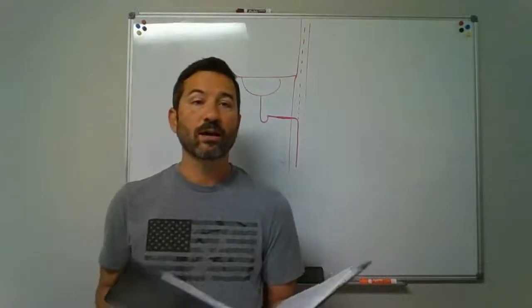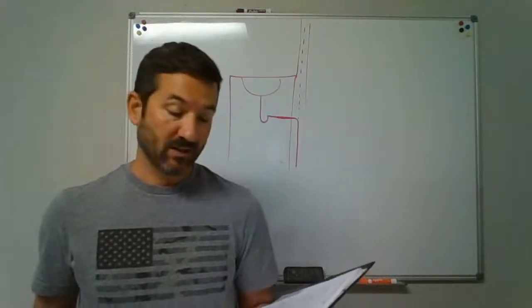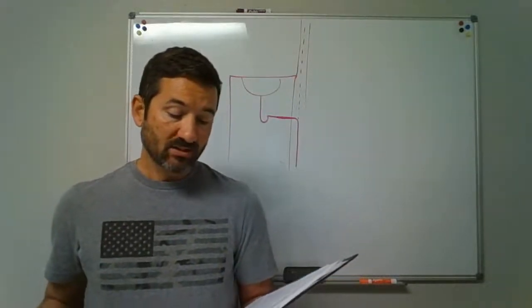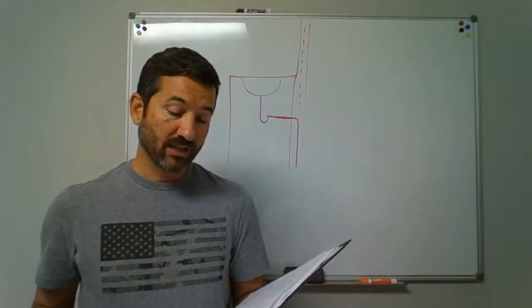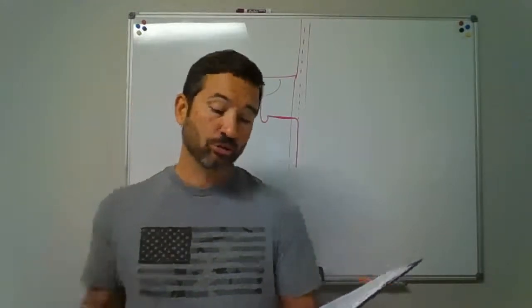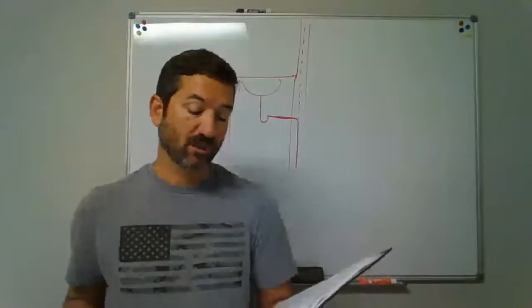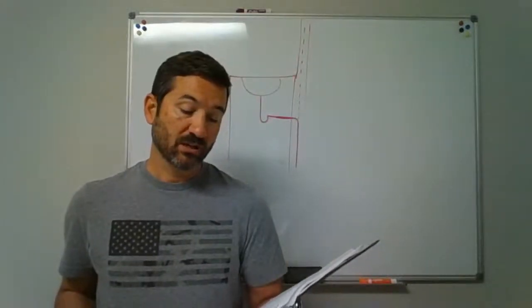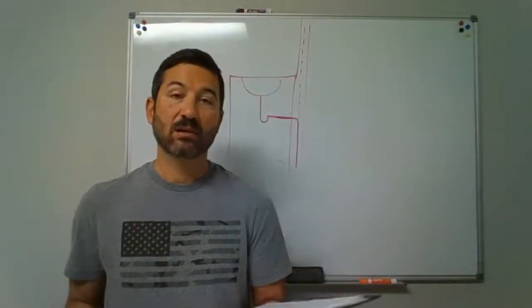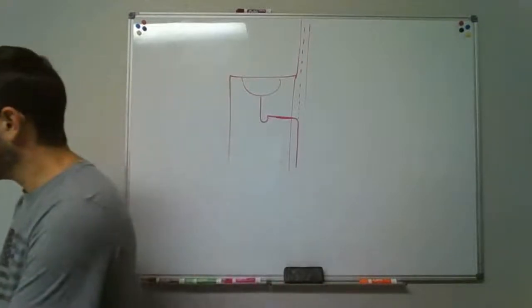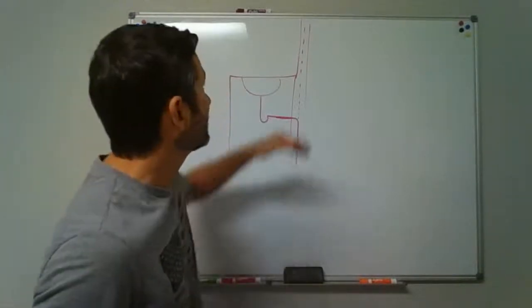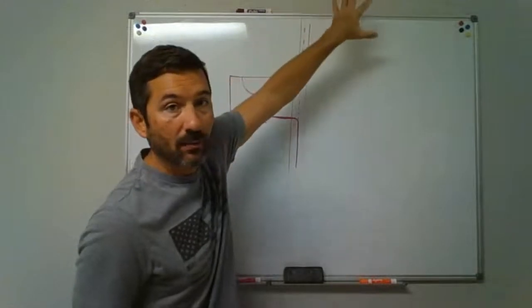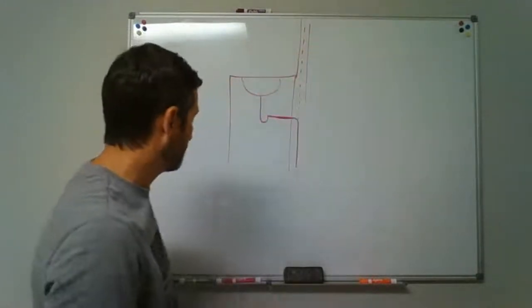Then it goes right on down to the next one, common venting. It says an individual vent is permitted to vent 2 traps or trap fixtures as a common vent. The trap or trap fixtures being common vented shall be located on the same floor level. So we wouldn't be able to say I'm common venting something if I had a floor up here that was tying into it as well.